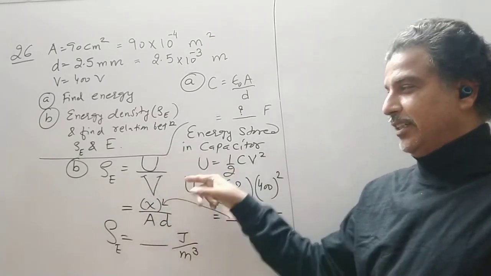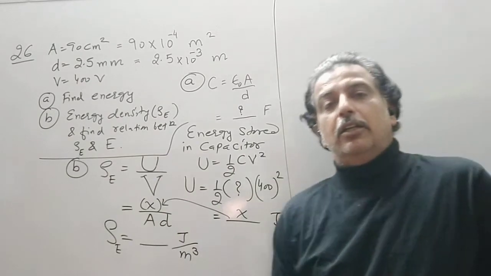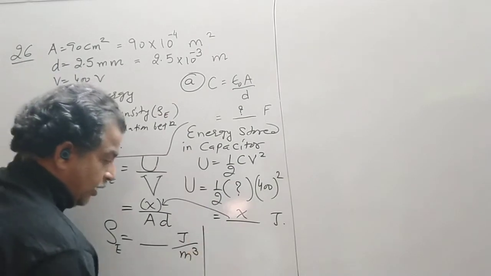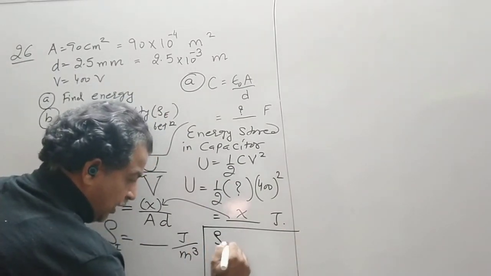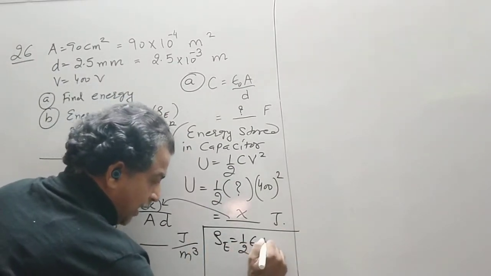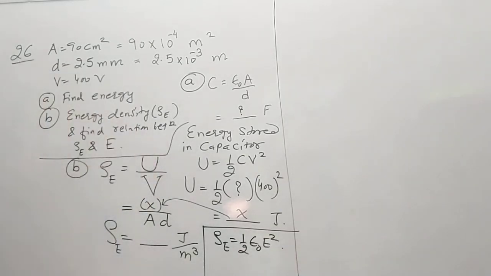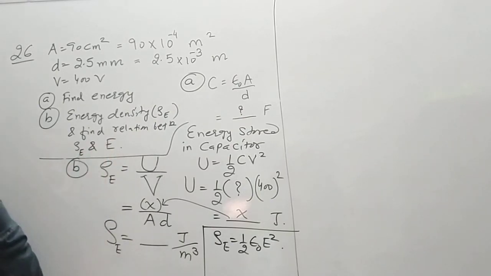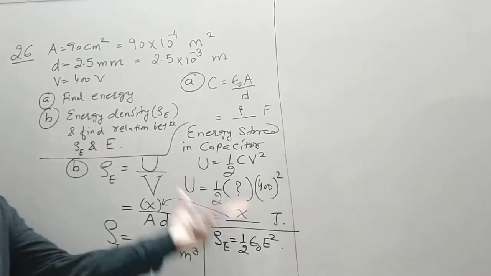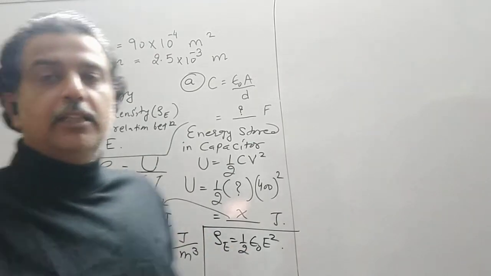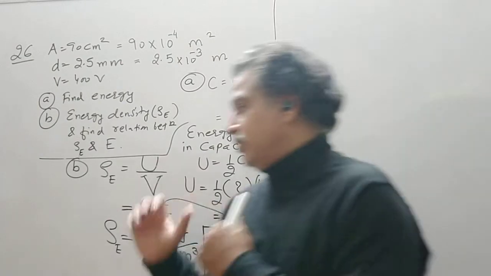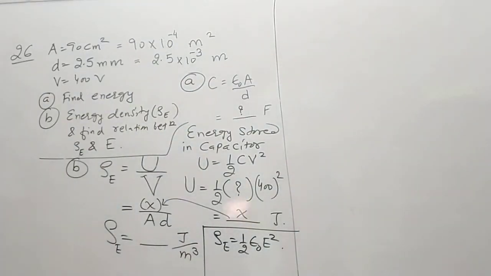Then we cancelled all these things and we brought epsilon naught also into the picture, and the relation which we have derived was rho E is equal to half epsilon naught E square. So it is given to find the relation between rho E and E. You substitute that formula, or refer to the theory portion we discussed in the previous lecture. So this is question number 26, direct application of the formulas.